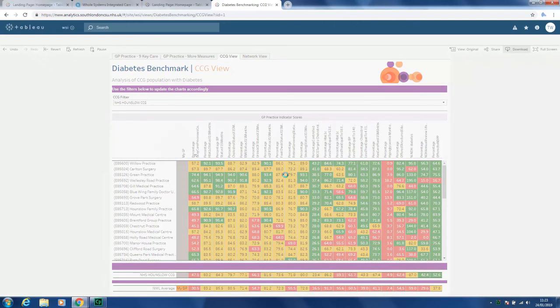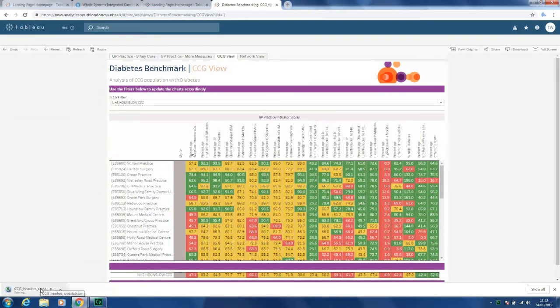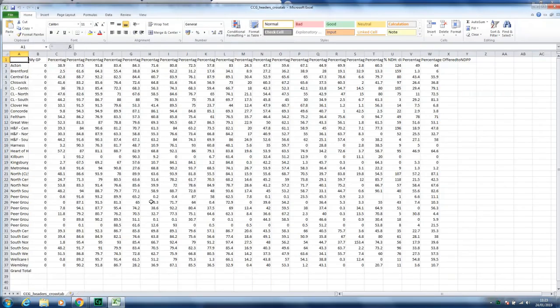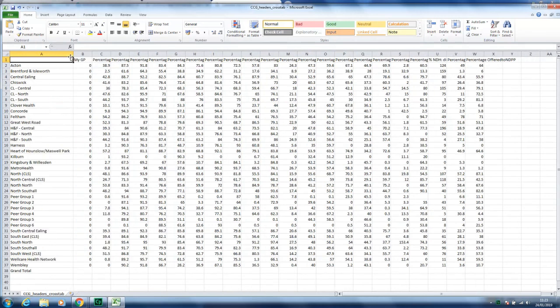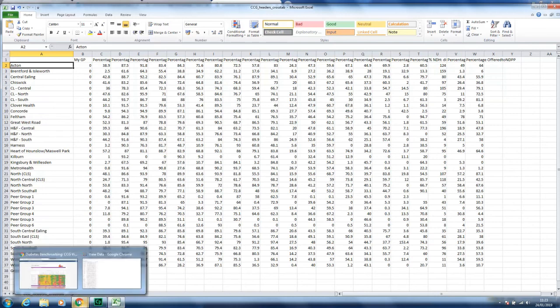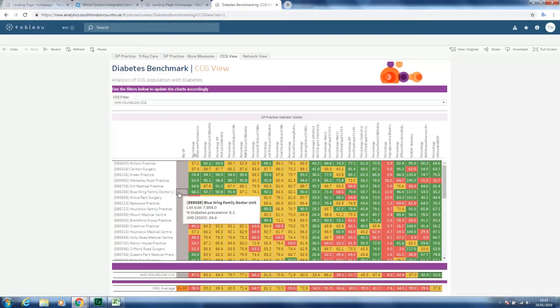So crosstab basically allows us to view a whole list of the data with the headers in place, and you can see for that table that you've got the individual networks, and then achievement against each of the key processes for that. Okay.